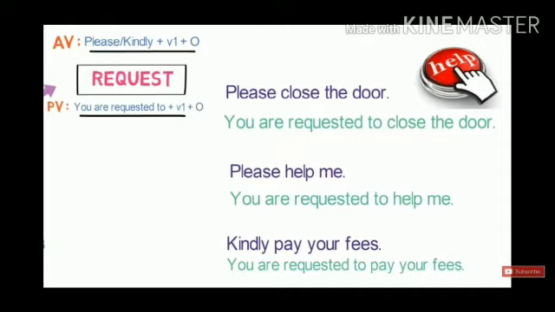See the example: please close the door. Here the answer is: you are requested to close the door. Please help me. You are requested to help me. Next one, kindly pay your fees. You are requested to pay your fees.